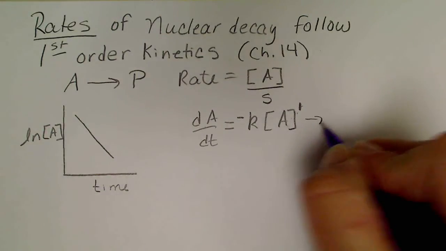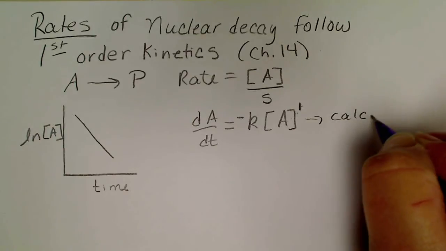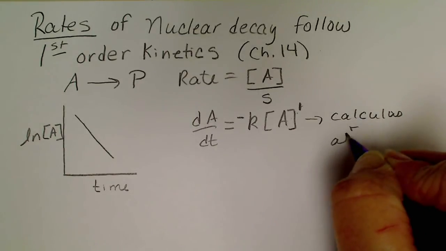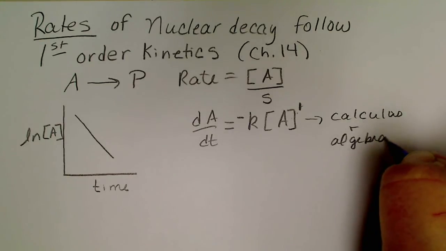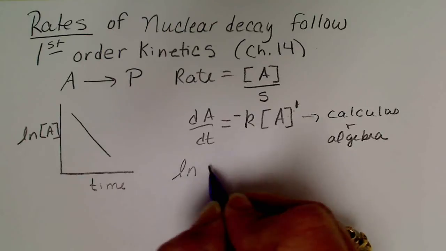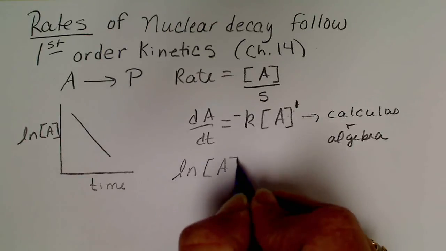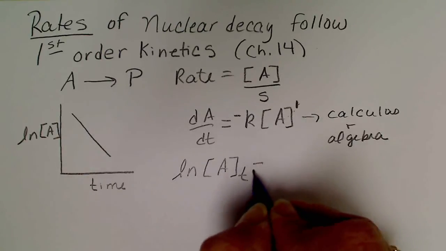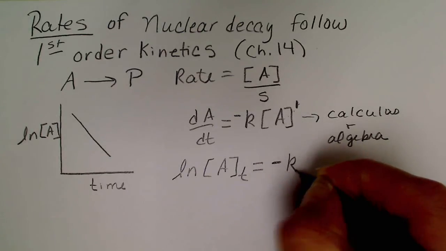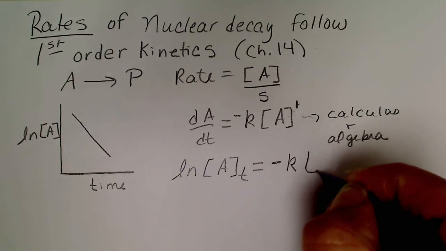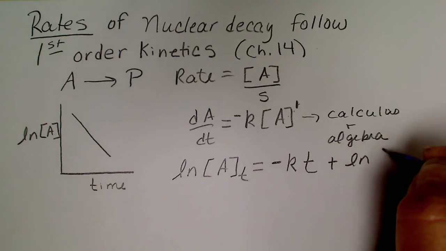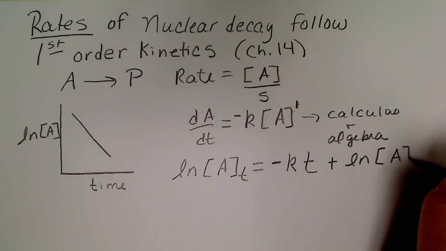So we did some calculus and algebra on this and could rearrange this equation and come up with the natural log of the concentration of A at any time t is equal to the negative of the rate constant k times the time plus the natural log of the initial concentration.